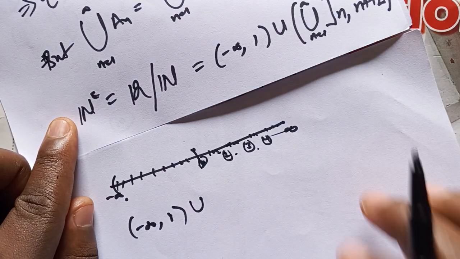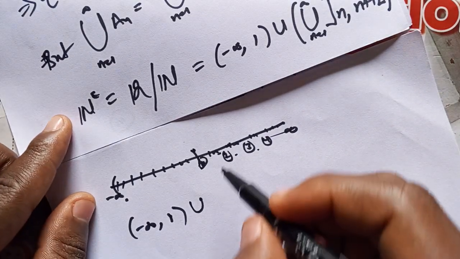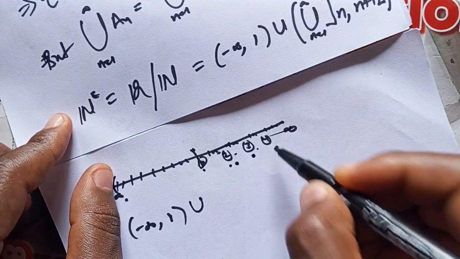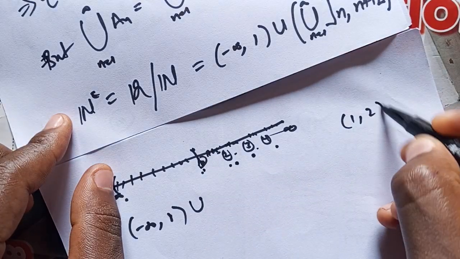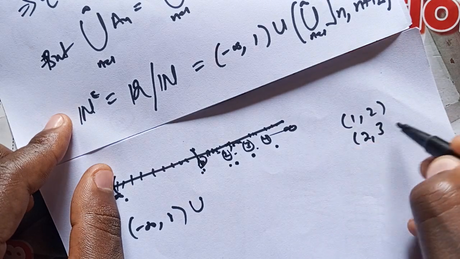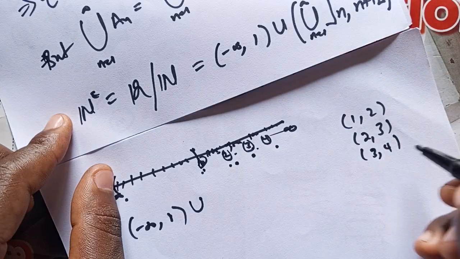Now look at this individual part. Here is from 1 to 2, here is from 2 to 3, here is from 3 to 4. So this shaded part is the open interval 1 to 2, this is the open interval 2 to 3, and this is the open interval 3 to 4.